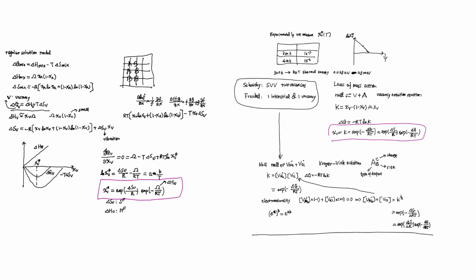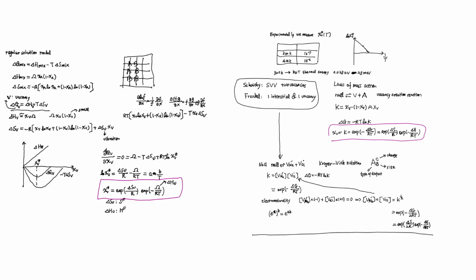So we have minus T, so we have RT times XV log XV plus 1 minus XV log 1 minus XV, minus T XV delta SV. For the minus TdS, we're taking the derivative, and we have a log term.